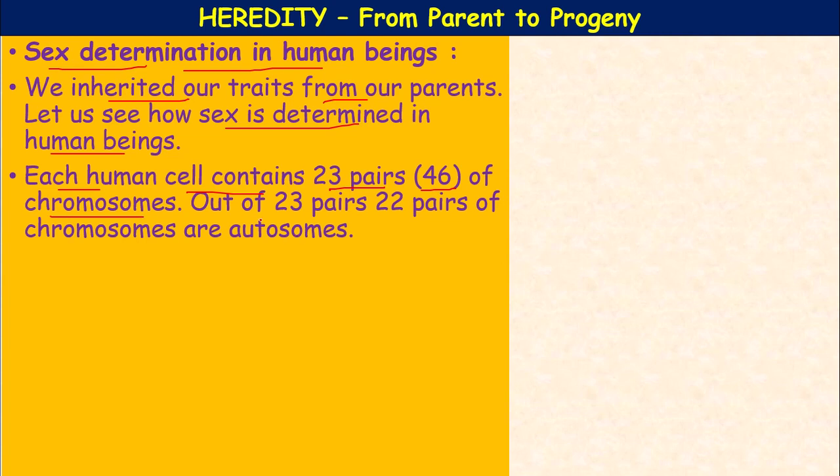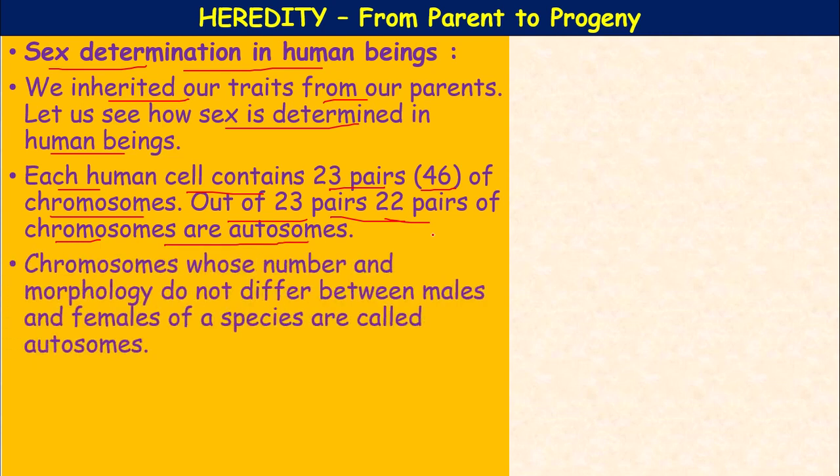Out of these 23 pairs, 22 pairs of chromosomes are called autosomes. They represent the vegetative characters. But the single last pair of chromosomes is called allosomes or sex chromosomes.